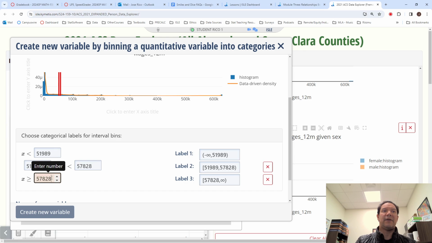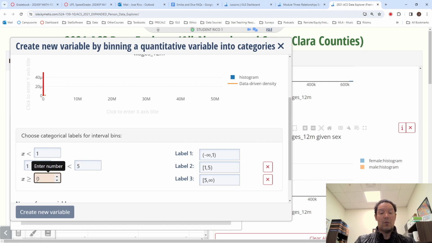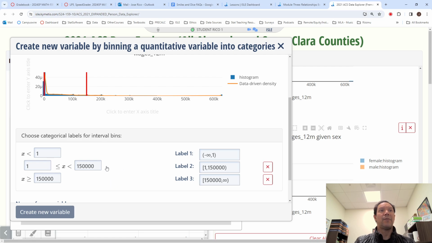I start at my highest value, 150,000. I didn't type it in very well. Okay, 1, 5, 0, 0, 0, 0. That's 150,000. My next one goes from 75,000 up to, but less than, 150,000. And then the last one is less than 75,000.